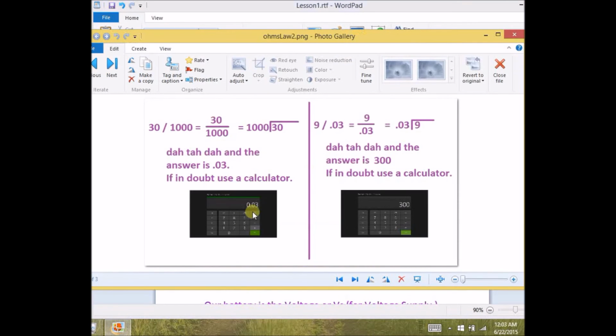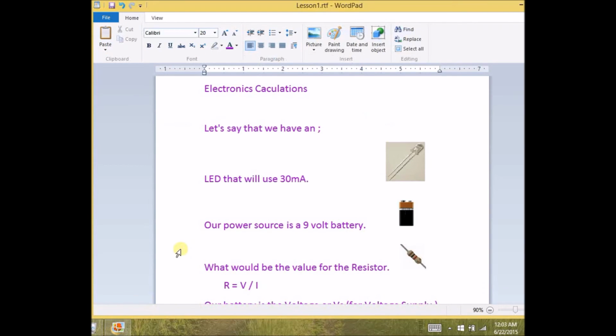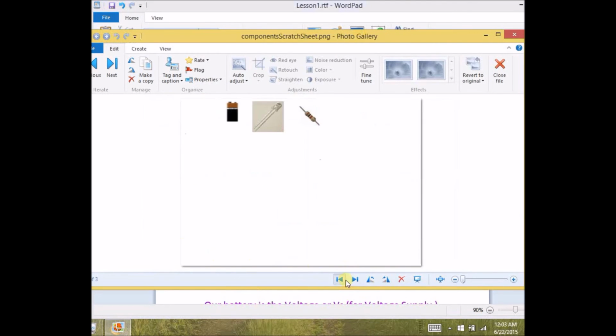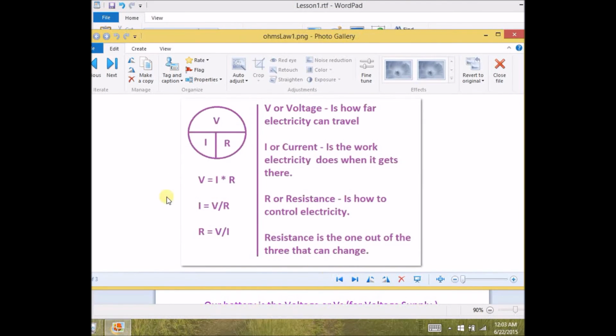Practice some of these calculations as far as with Ohm's law. Practice some of these calculations, because like I said, this graph will cover any situation that you should find yourself in when you're trying to calculate what you should use and the values that go with it.